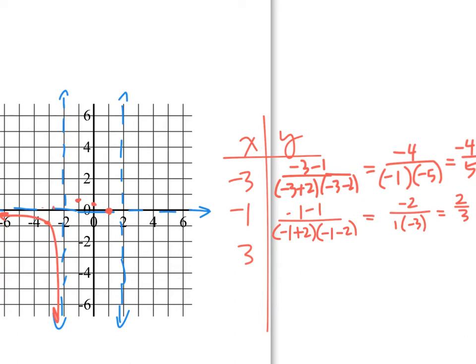So that tells me that the graph is going to do this. I know these 2 points, the x-intercept and the y-intercept. The next point I know is slightly higher. Slightly higher means that the graph is going to trend up.